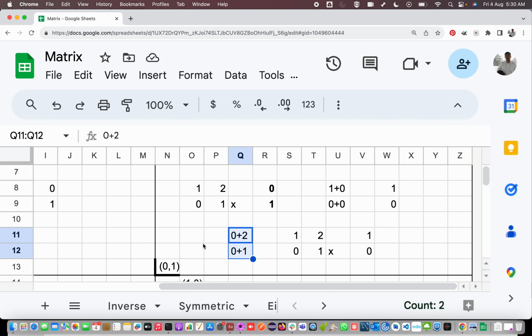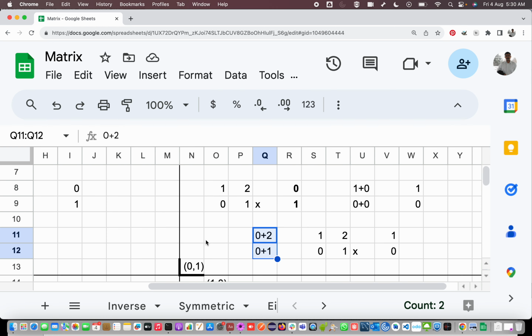My initial vector, 0 comma 1, is not matching my final vector 2 comma 1. I cannot take any factor out and I cannot make it 0 comma 1. So for this transformation, the 0 comma 1 vector is not an eigenvector.